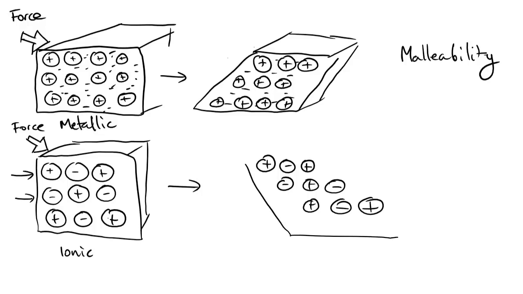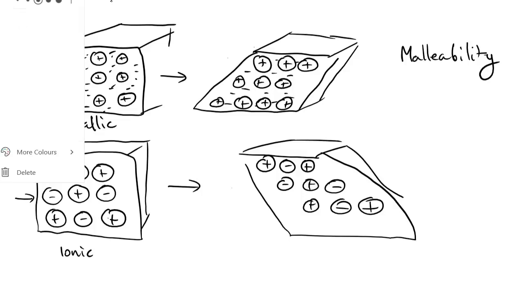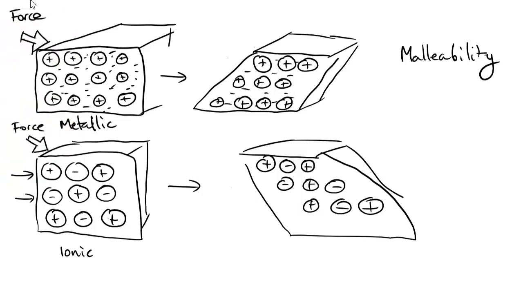So actually, if that happens in an ionic substance, it will not be good news for that particular ionic substance, because the two negative charges and the two positive charges here will actually cause a tear in the not the metal but the actual structure. Again, positive and positive will repel. So this particular substance here will shatter or will break into smaller pieces.